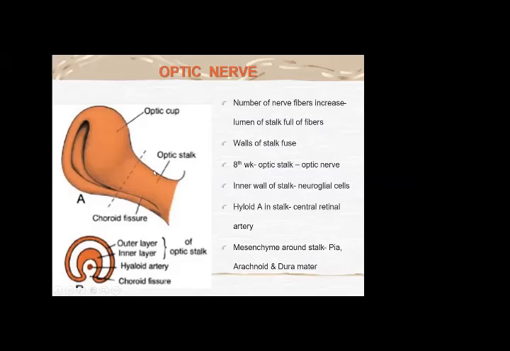So now you have the development of the optic nerve. Now you know why you have a blood vessel lying inside the optic nerve, because mesenchyme enters over here, develops into hyaloid artery. I told you that the hyaloid artery in this proximal part persists as central artery of the retina, but in the optic cup the hyaloid artery degenerates. Okay, so now you know why the optic nerve has the central artery of the retina running through it.